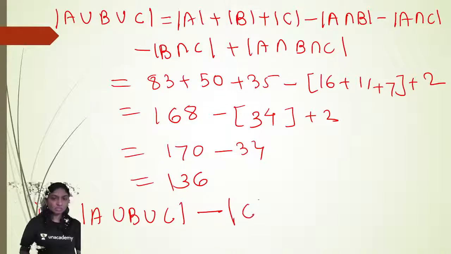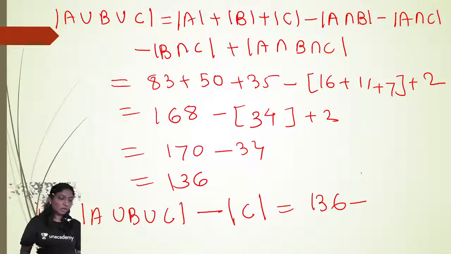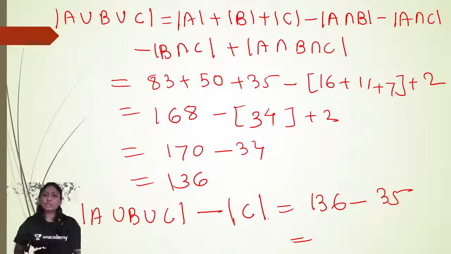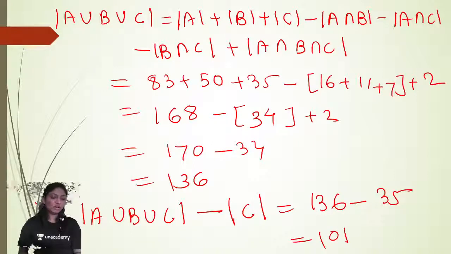If we exclude the number of integers which are divisible by 7, which is 35, we get the final answer: 136 minus 35, that is 101 integers which are divisible by 3 or 5 but not by 7.